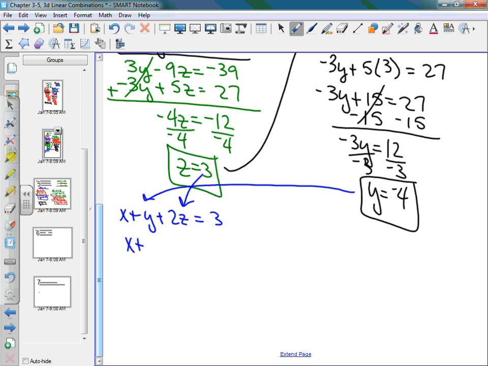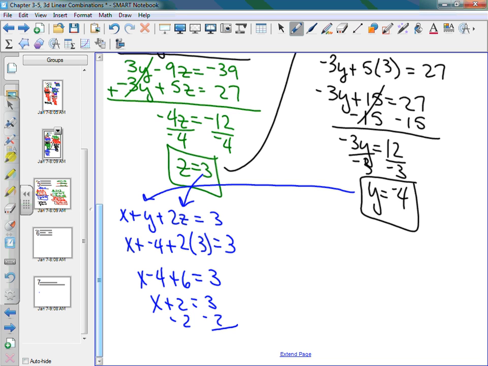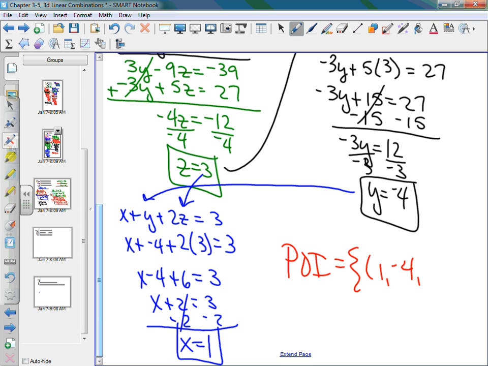So x plus negative 4, plus 2 times 3. X plus 2, subtract the 2, x is equal to 1. So did we find y and z? So what's my POI? 1, negative 4, 3.